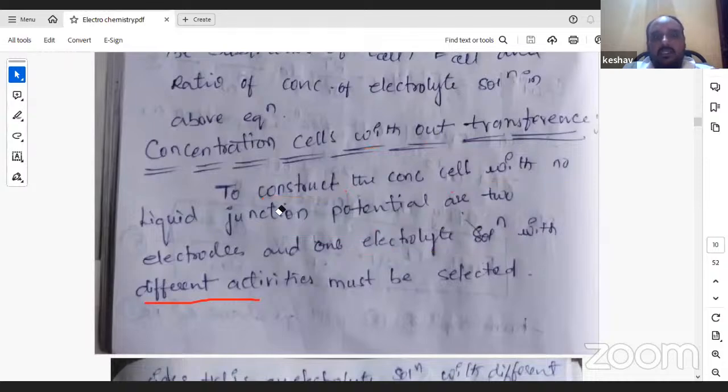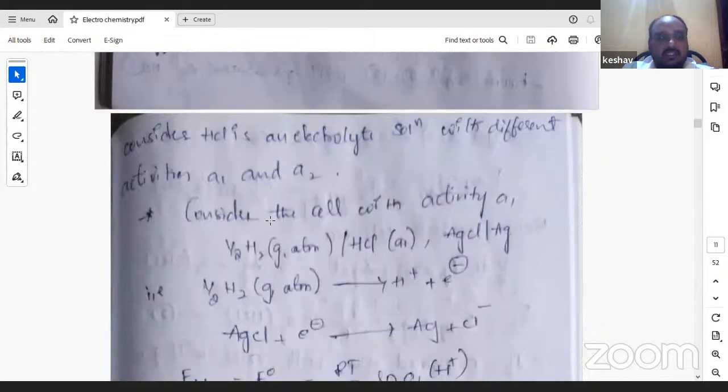So here HCl is an electrolyte solution with different activities A1 and A2, and the two electrodes are the hydrogen electrode and the silver chloride by silver electrode. That becomes the chloride electrode. So these two electrodes must be selected to construct the concentration cells without transference.